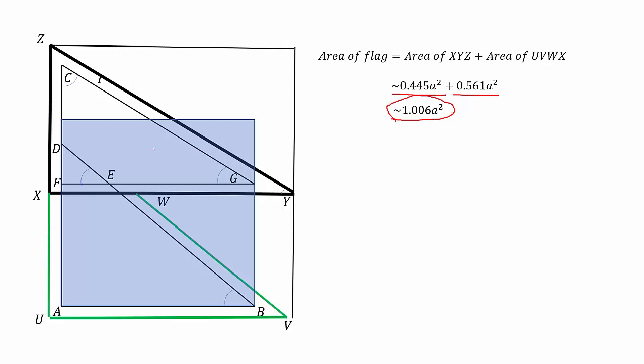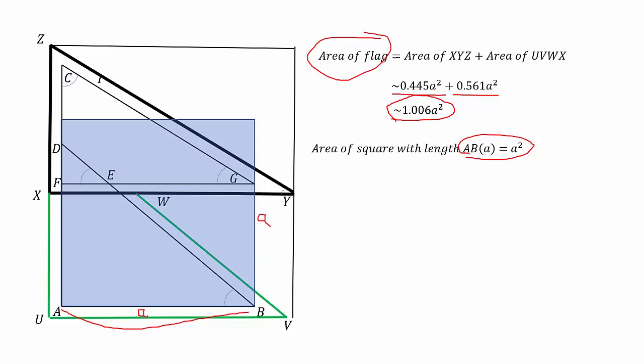Let's draw a square with length a, since we have already considered the length AB to be a. The area of this square with length a is a squared, and the total area of the flag is around 1.006 a squared, which means it is approximately equal to a squared.